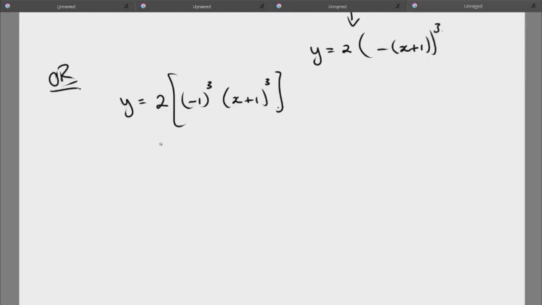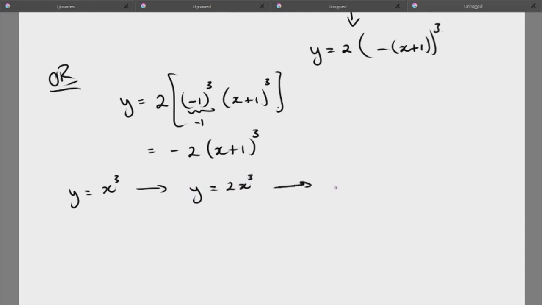Which means I can put this negative 1 with my 2, and I have negative 2 times x plus 1 cubed. And then my transformations are still the 2 to the right hand side, the negative is now applied to the whole right hand side, and then my replacement of x with x plus 1.